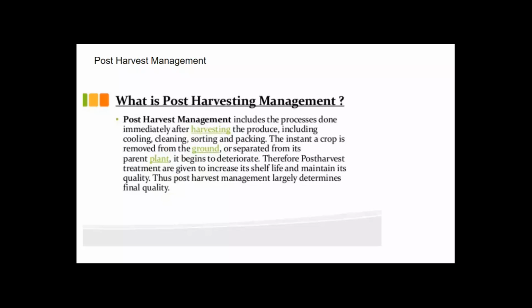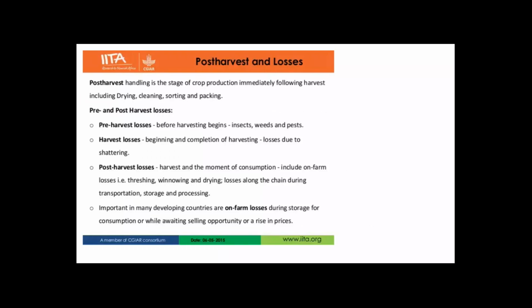You probably know, if you look at, say, lettuce in a supermarket, it deteriorates fairly quickly. Keeping healthy crops from the farm to the shelf in the supermarket is all part of post-harvest management. Post-harvest handling is the storage of crop production immediately following harvest, including drying, cleaning, sorting, and packing.